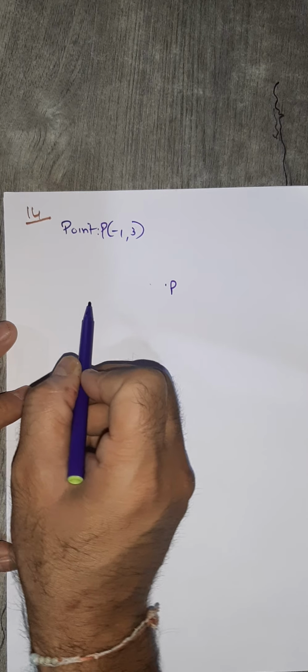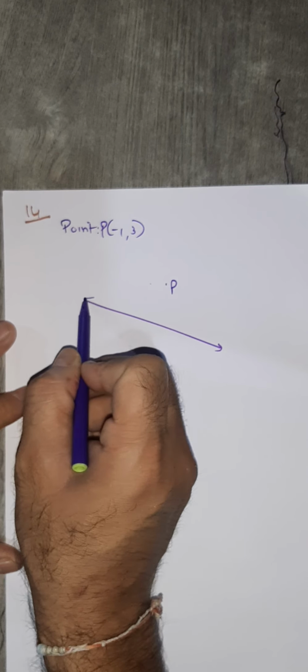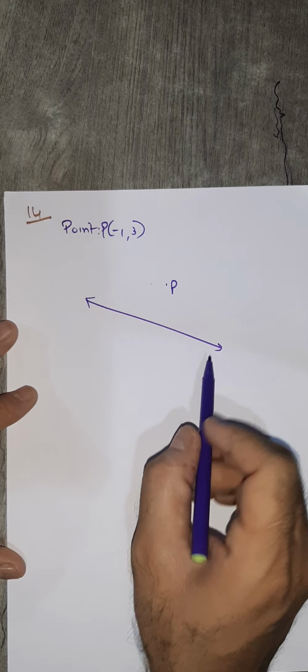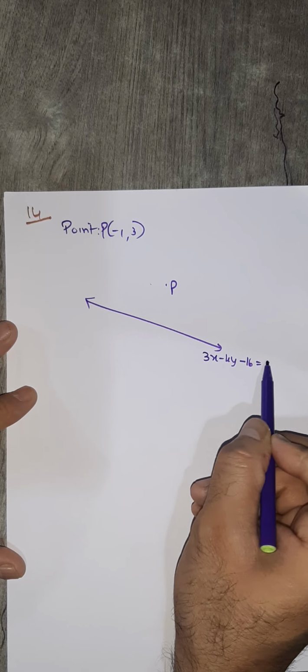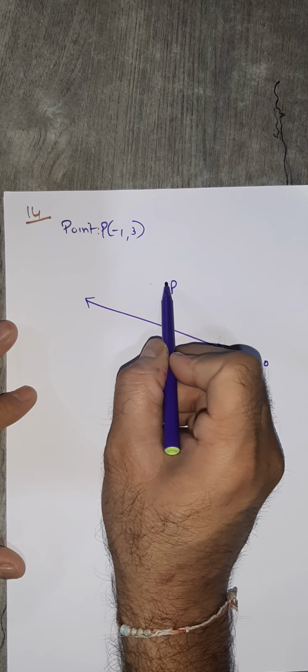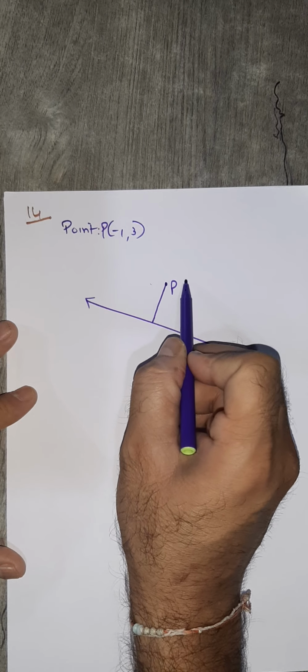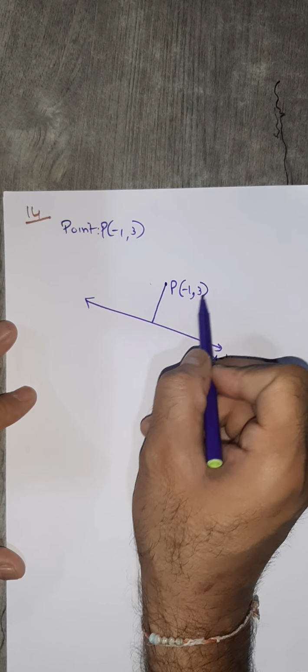So here you have a point. There is a line here. The equation of this line is given as 3x minus 4y minus 16 equals 0, and you have drawn the perpendicular from this point P. What's the question?